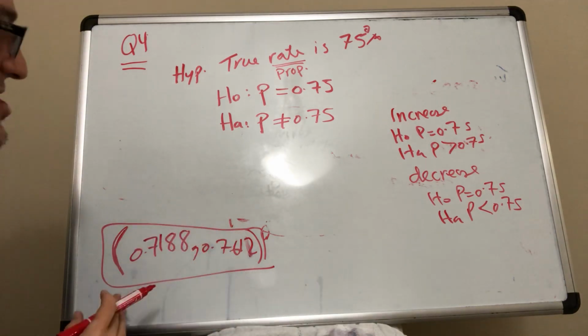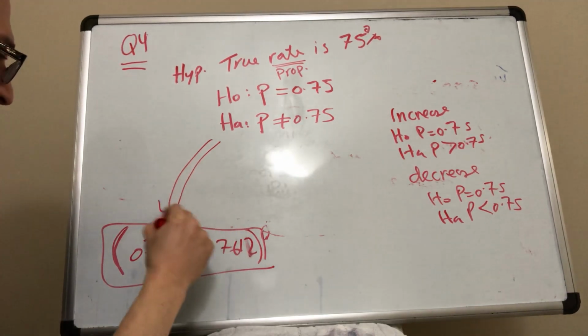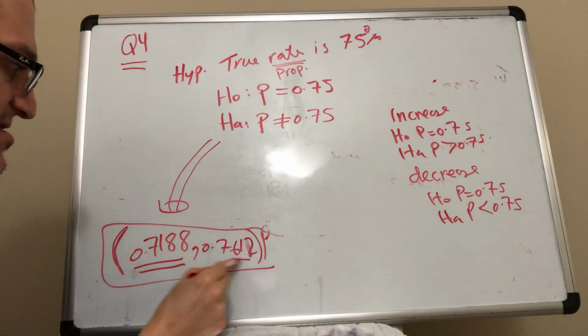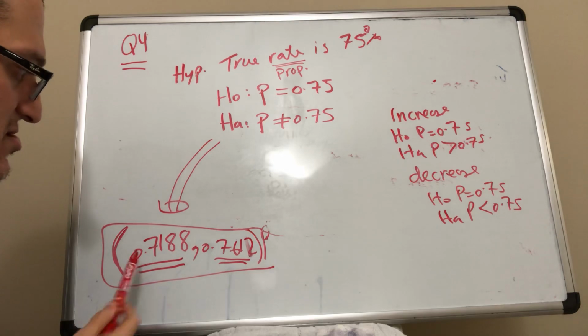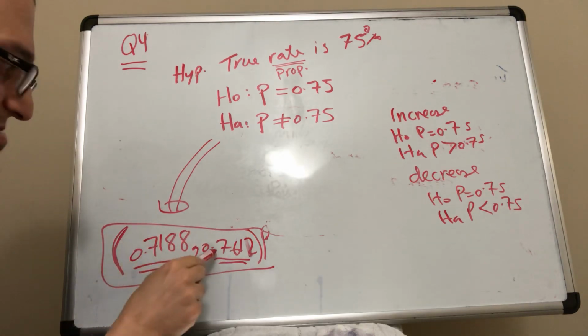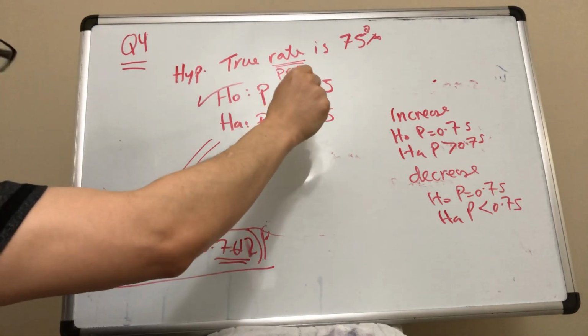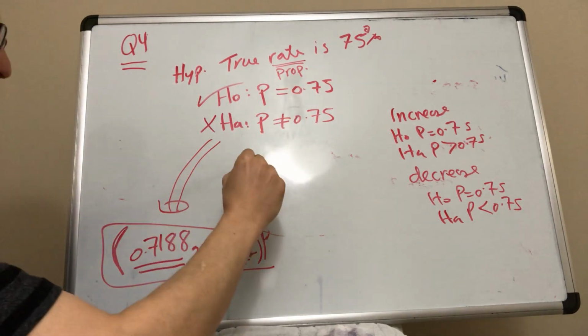So, would you reject or not? You go back to your confidence interval, because you base your answer on it: 71 to 76. Is 75 possible? Is 75 between 71 and 76? Yes, so it could equal 75. So are we going to reject H0?